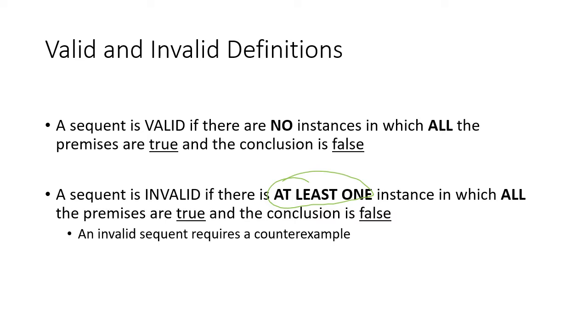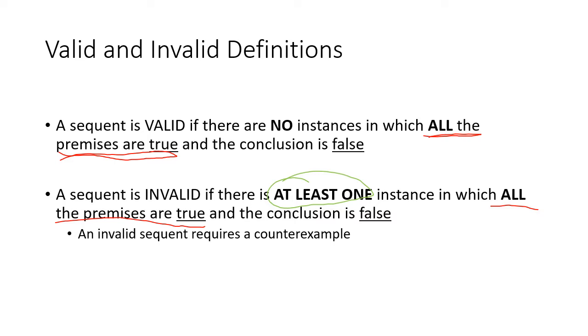conclusion is false. So the important thing when remembering truth tables is that we're looking for only instances in which all the premises are true. We don't really care about lines in our truth table in which the premises are not all true. If some of them are true and some of them are false, or if they're all false, we just forget about those rows and we only concentrate on instances in which all the premises are true.